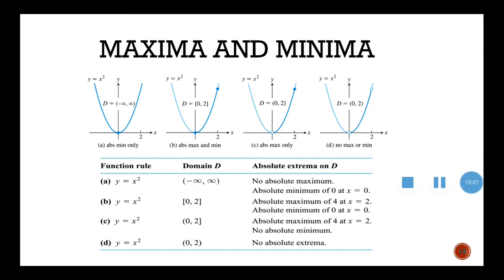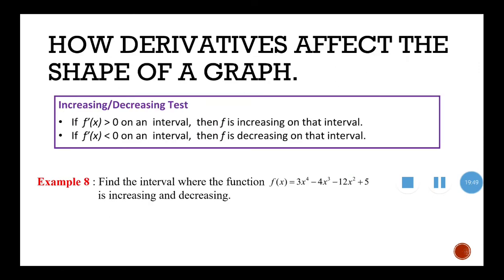Okay, so now, for me, it's better to do the example first, and then we look back at the notes. While we do the example, we look back at the notes, so it will be clearer. Now we want to solve example 8.